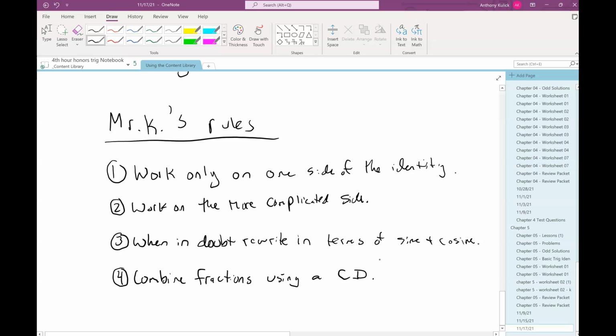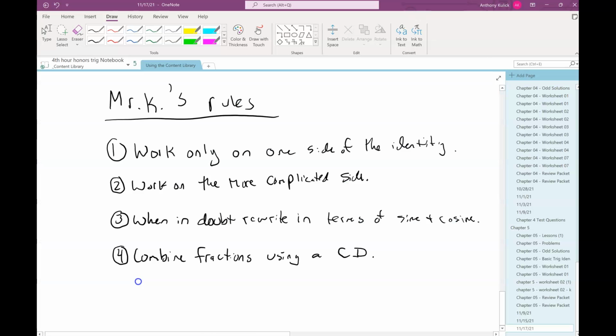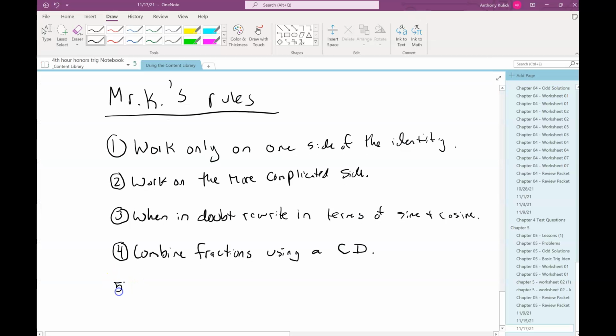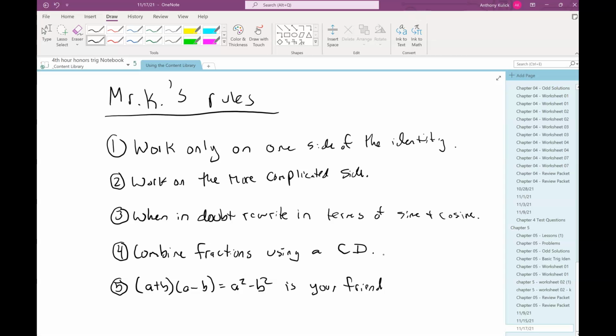Combine fractions using a common denominator. The difference of two squares is your friend.